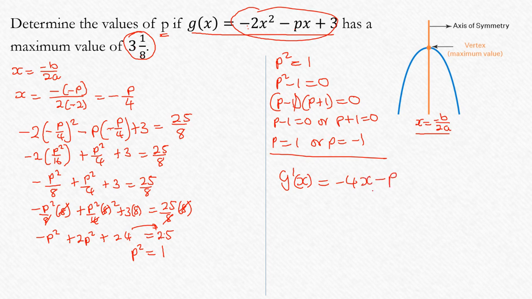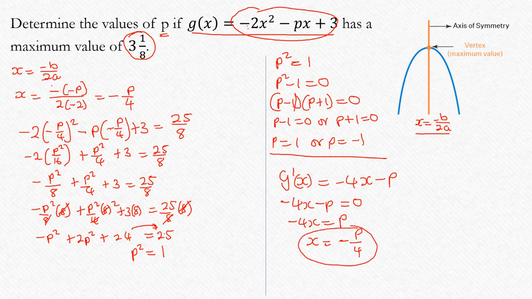At the turning point, the derivative is equal to 0. So negative 4x minus p is equal to 0, and negative 4x is equal to p. What are we looking for here? x. So x is equal to negative p over 4.